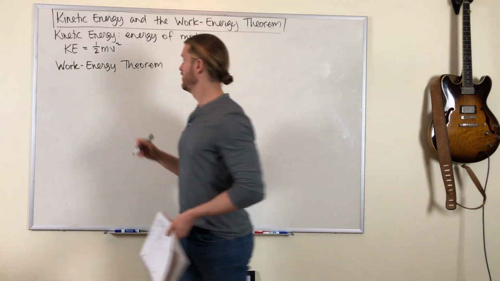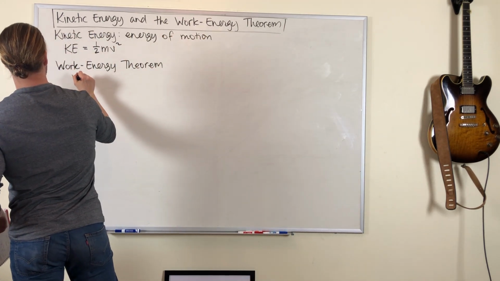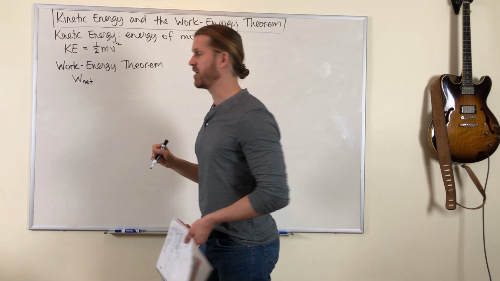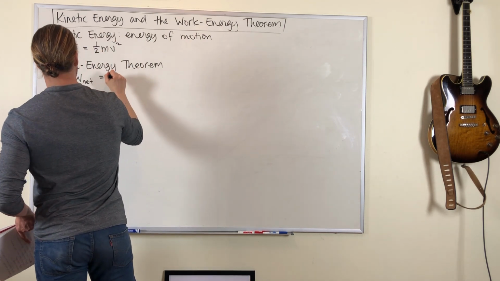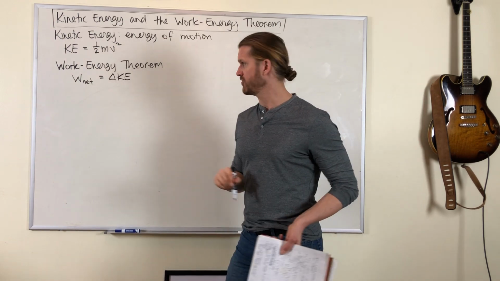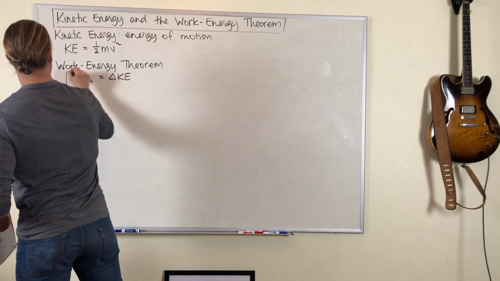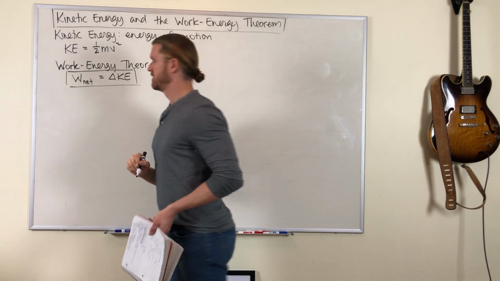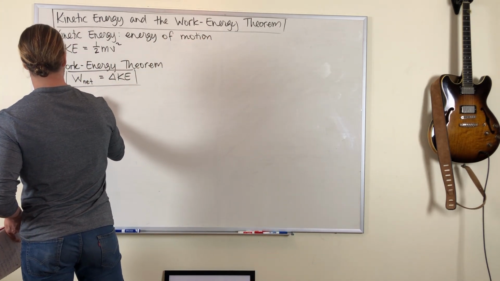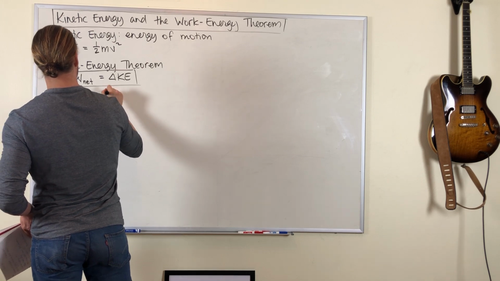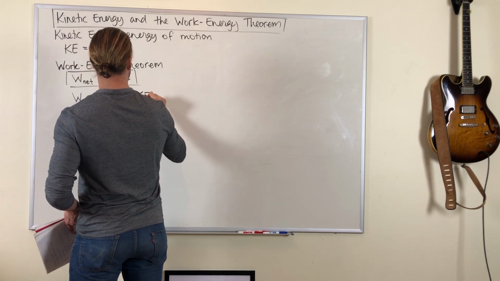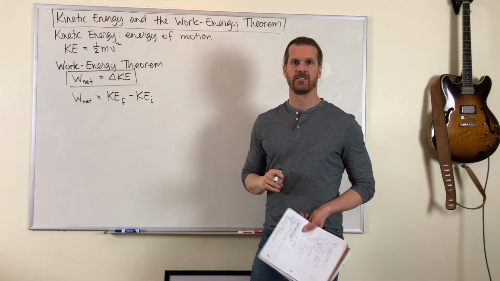And it says that the total work done on an object, or the net work done on an object, equals the object's change in kinetic energy. Or another way to write that is work net equals kinetic energy final minus kinetic energy initial.